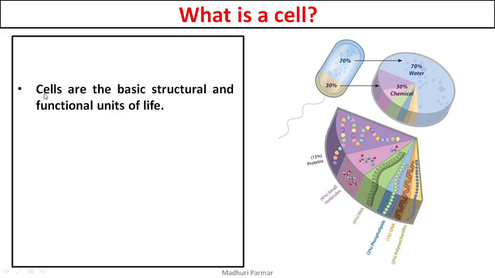For example, if you just study organelles which make up the cells, organelles cannot be called living things. So cells are the basic structural and functional units of life, like a brick in a wall. A brick is the structural unit of a wall. Same way, cells are structural units of life.